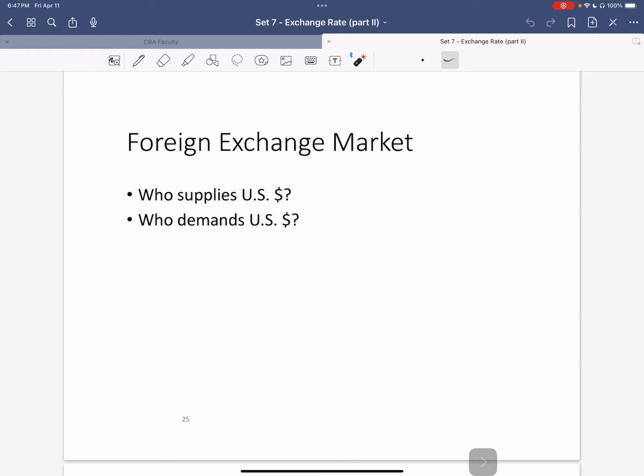We can think of all of these in the foreign exchange market, but we're going to simplify it. Whatever we learn in the market for the US dollar can be generalized to all other currencies as well. So let's look at just supply and demand of the US dollar.